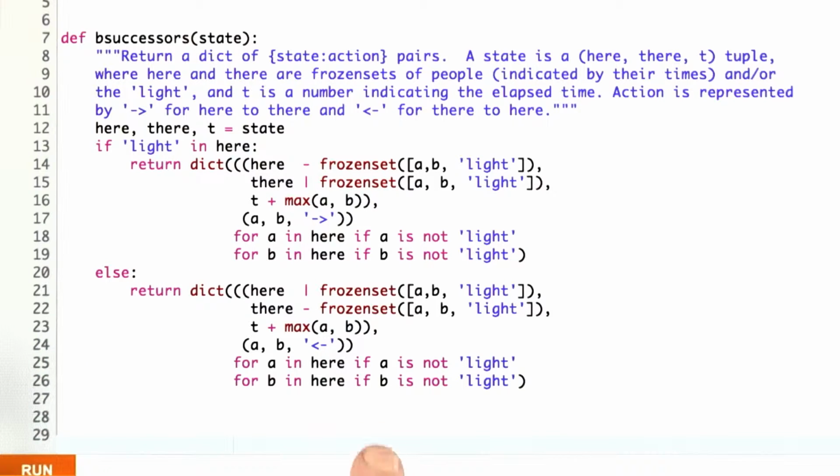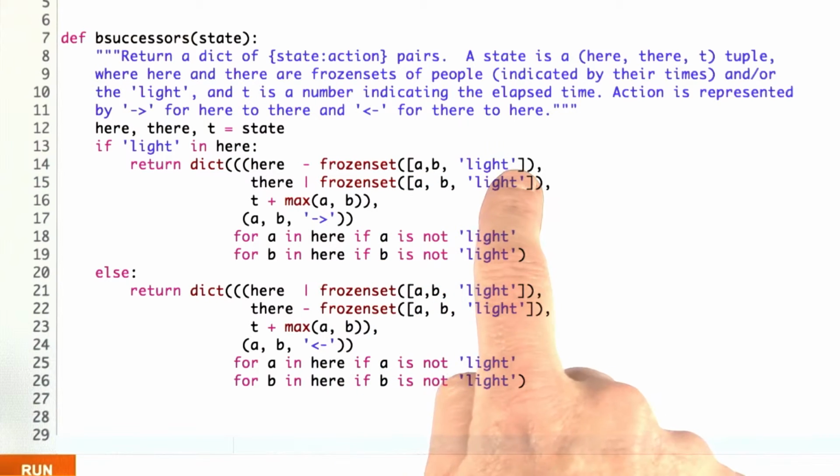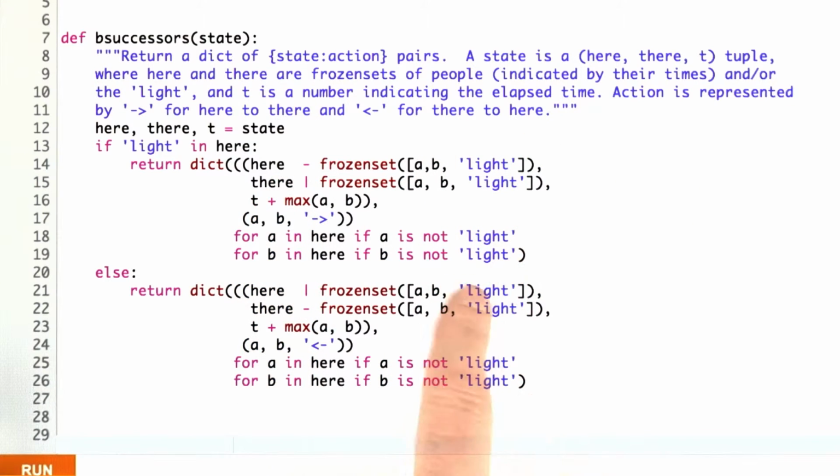So here's what I did. I said, if the light is here, then let's look at all the people in here, and we'll look at all the pairs of people, A and B. And to make sure that they're people, I have to say that they're not the light. And so for all pairs of people, A and B, we can generate a successor state, which is the set of people that were here minus the two people and the light, because the light's going to move from here to there.